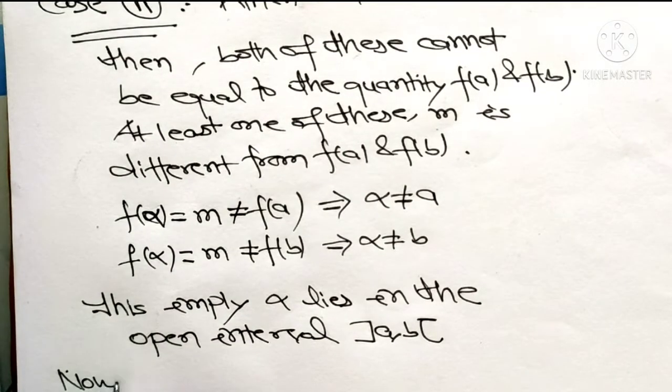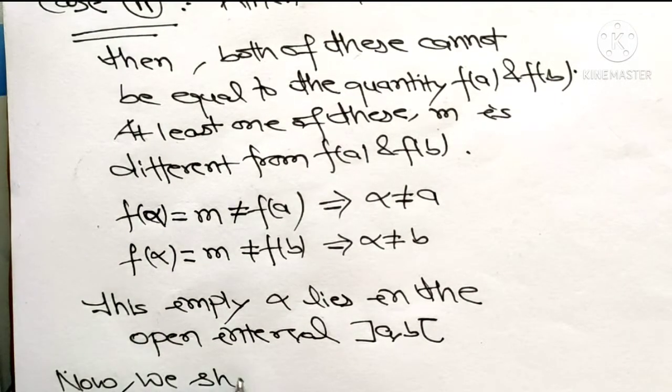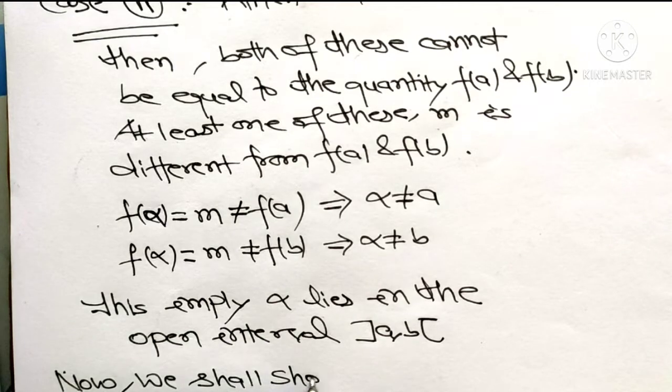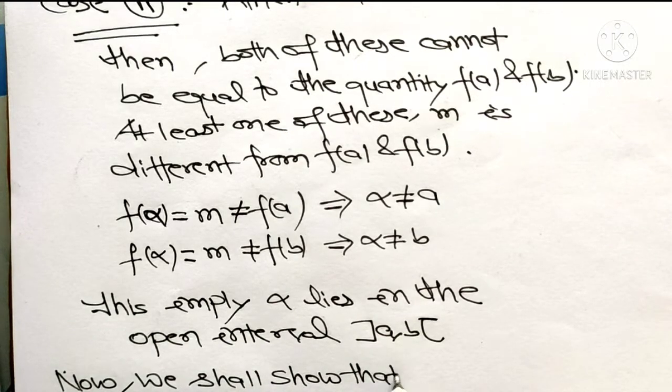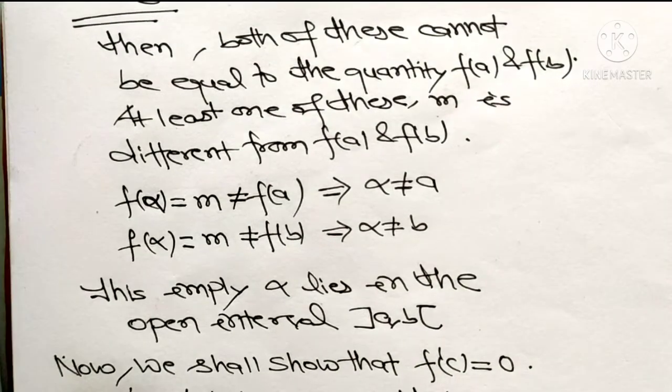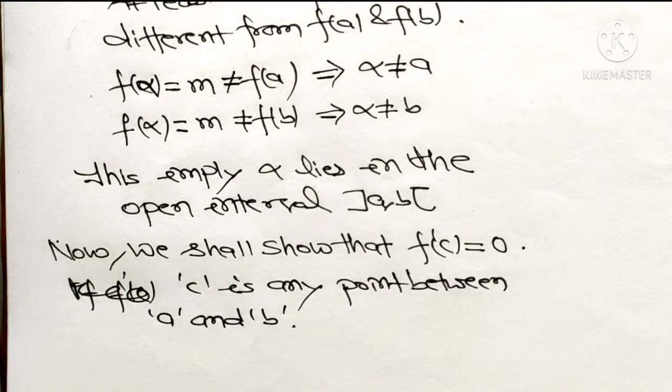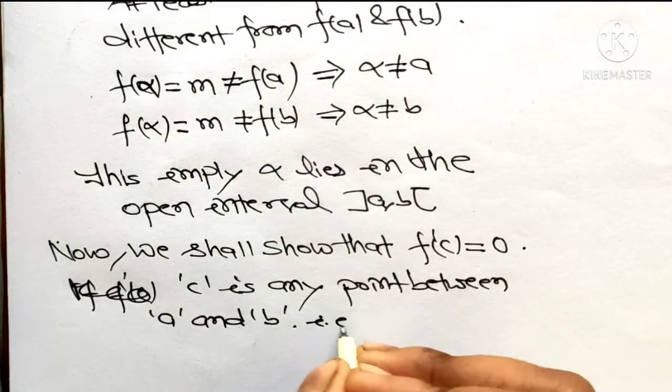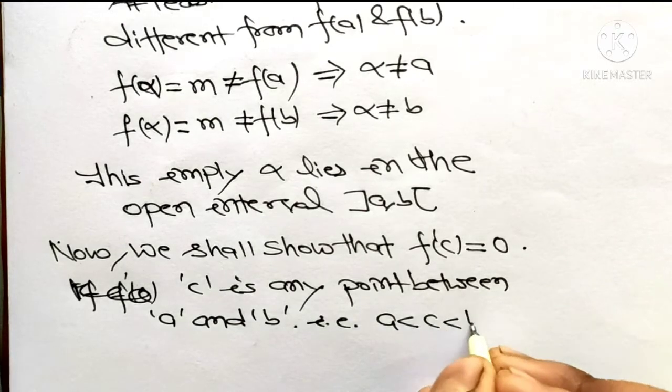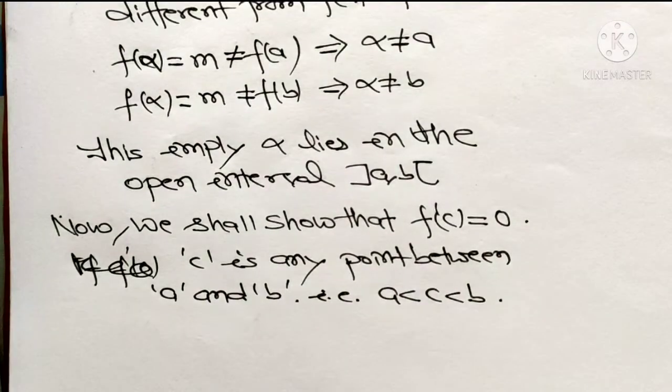Now we shall show that f dash c is equal to 0. Let us suppose c is any point between a and b, that is, a less than c less than b.